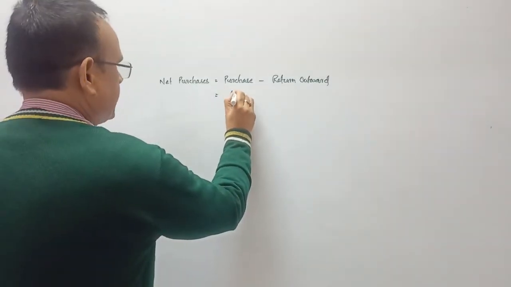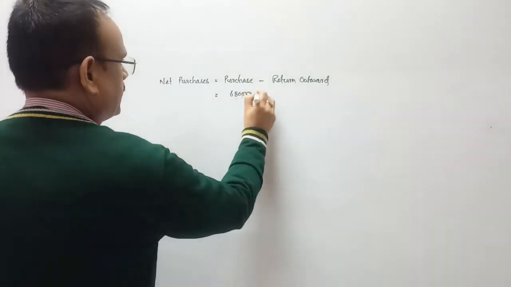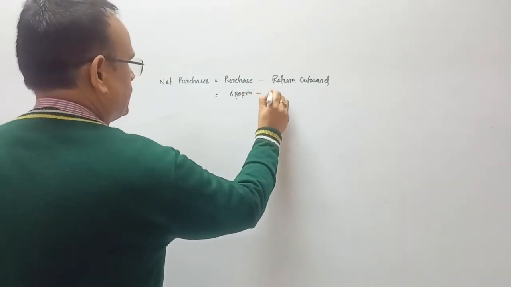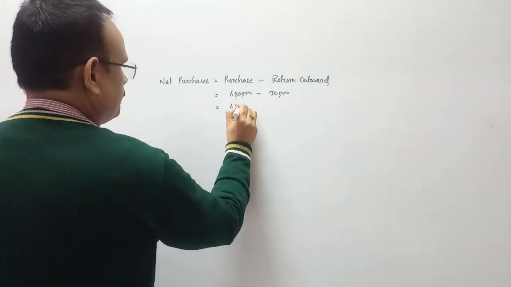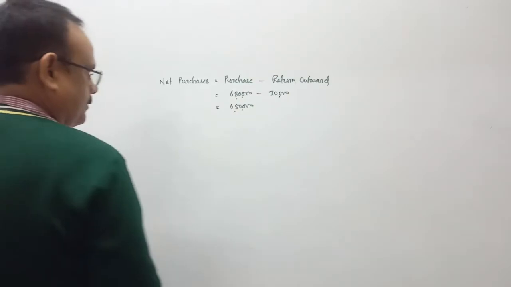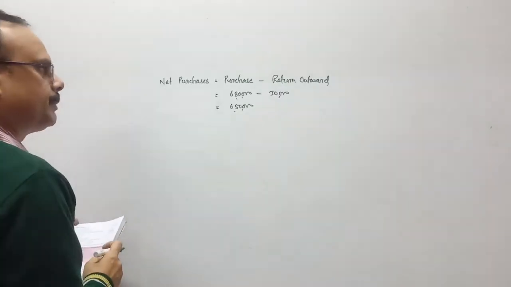Purchase is 6,80,000 and return outward is 30,000. So net purchase is 6,50,000.